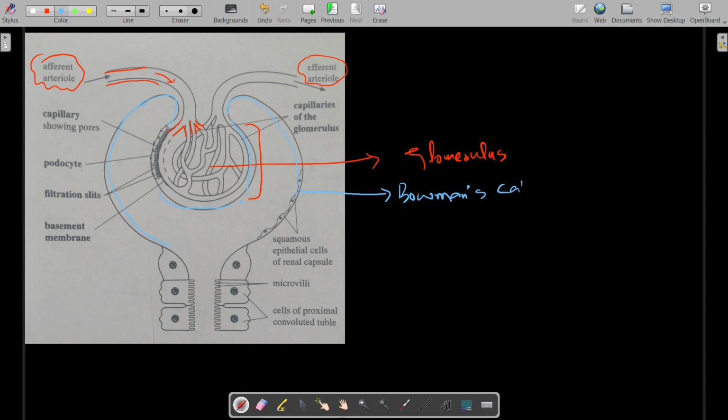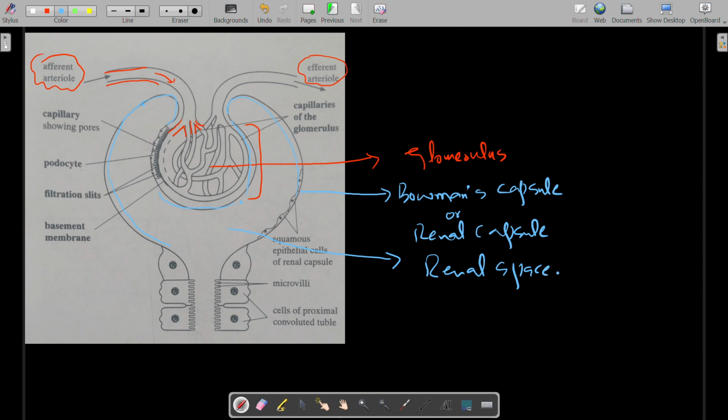You call it Bowman's capsule, or we also call it renal capsule. And the space within this Bowman's capsule is the renal space, or you can call it Bowman's space.